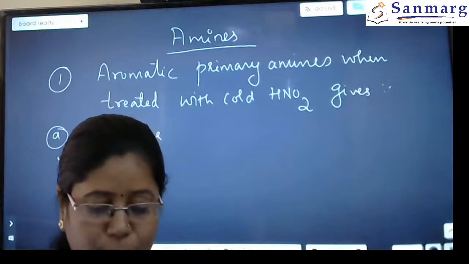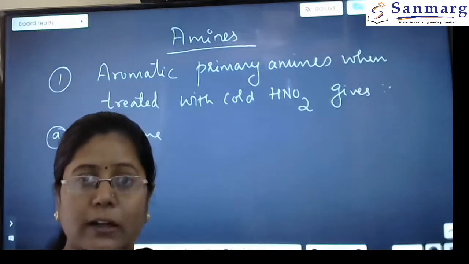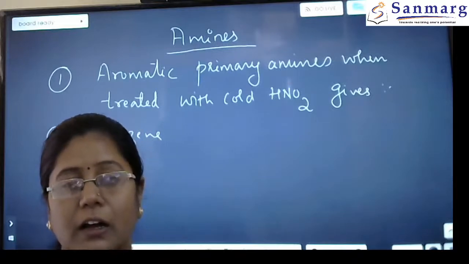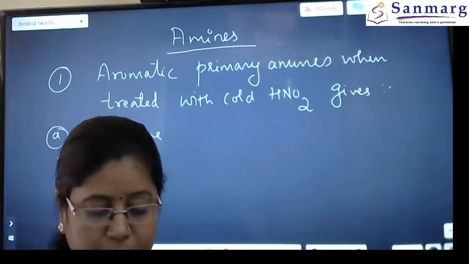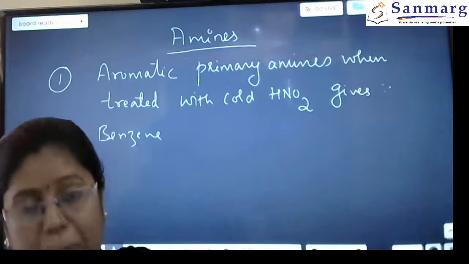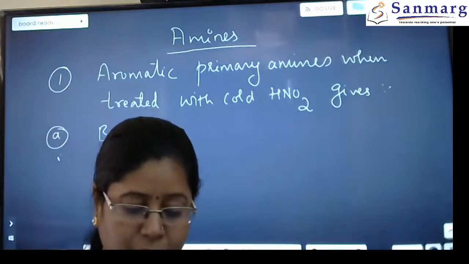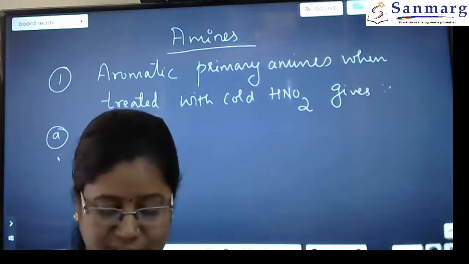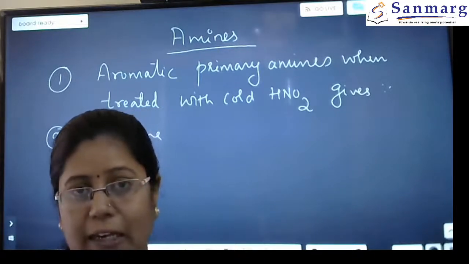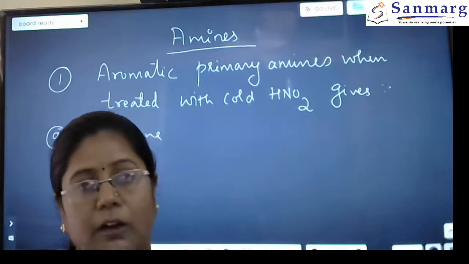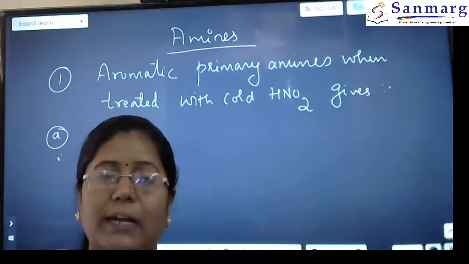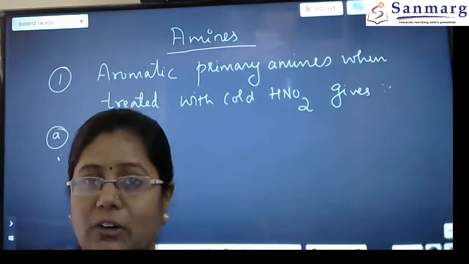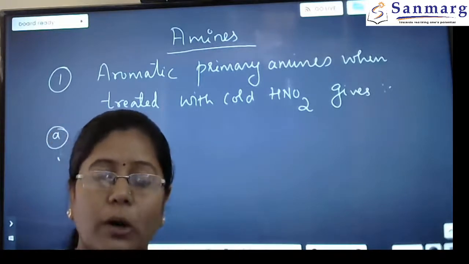Aromatic primary amine when treated with cold nitrous acid gives, so here this is a very important reaction. Option A, benzene. Option B, diazonium salt. Option C, nitrobenzene. Option D, benzyl alcohol. Here, always aromatic primary amines are treated under ice cold conditions only.